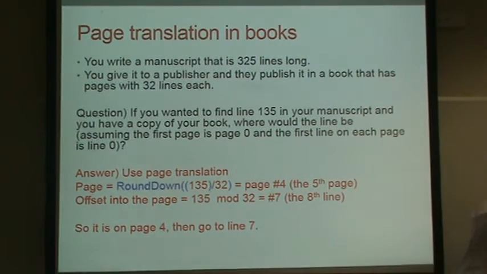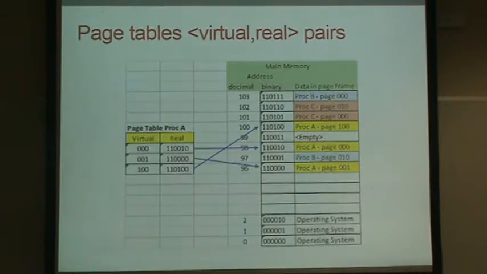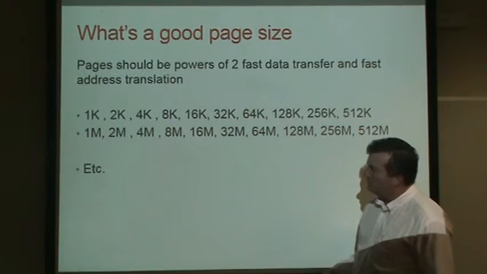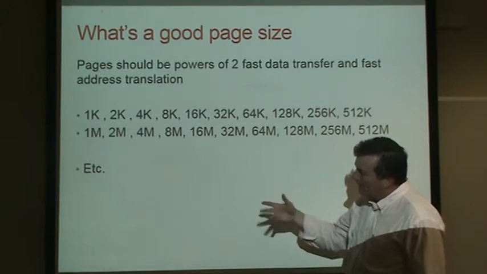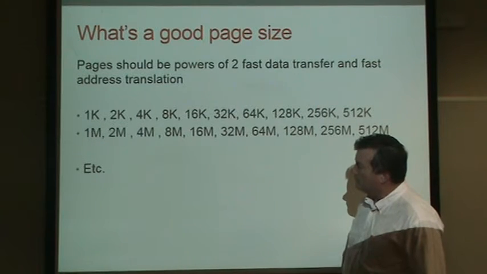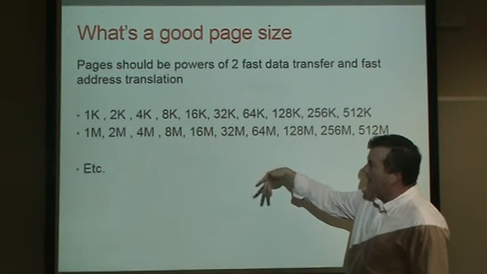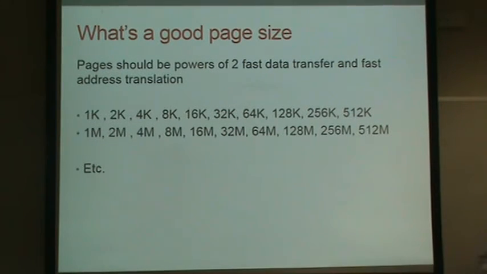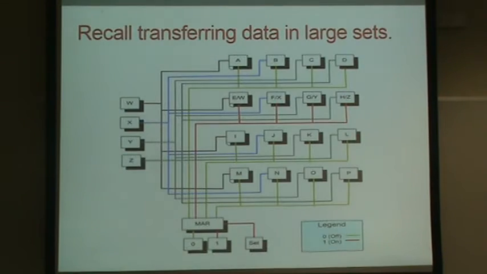It would work out very, very nicely if we intentionally chose page sizes that were perfect powers of 2. So 1K, 1 meg, those are all perfect powers of 2, or 2K, or 4K, or 8K, 16 meg, 32 meg. Using perfect powers of 2 makes that math come out really, really easy. We'll get to that in 1 second.